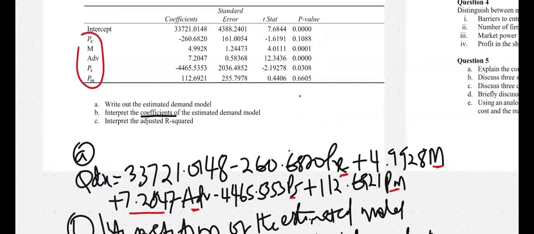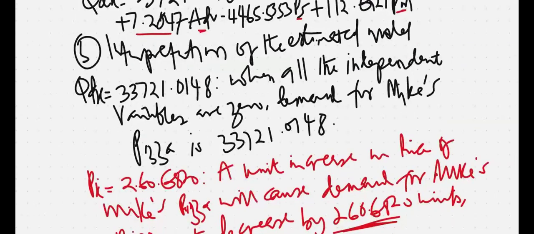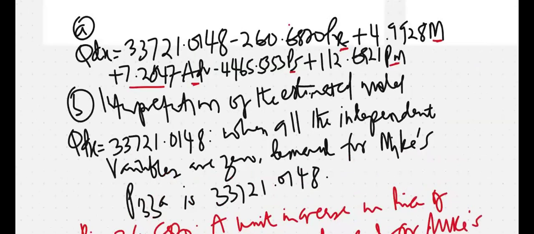Okay, so let's start. The first is the QDX, which says that when all the independent variables are zero, demand for Mike's Pizza is 33,721.0148.